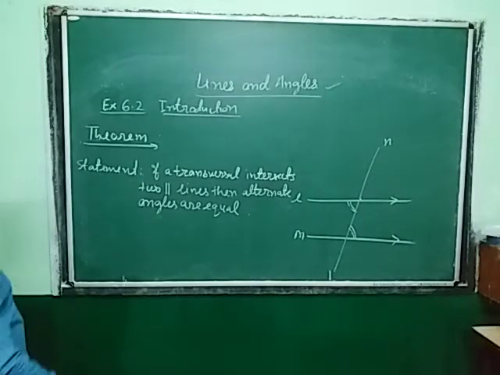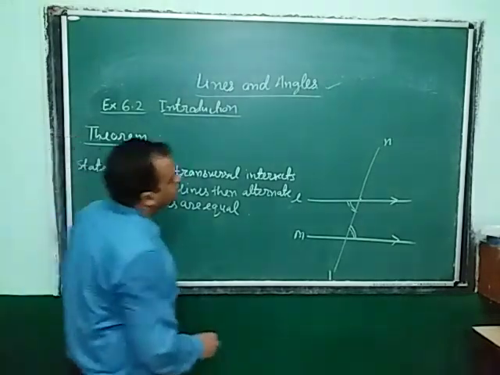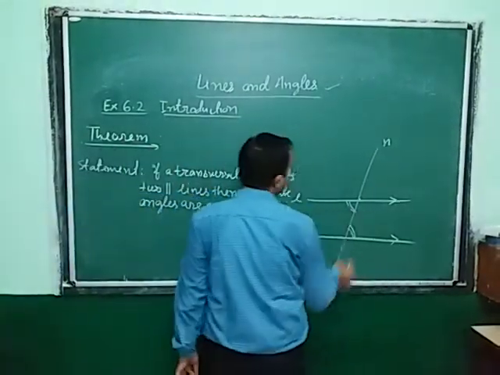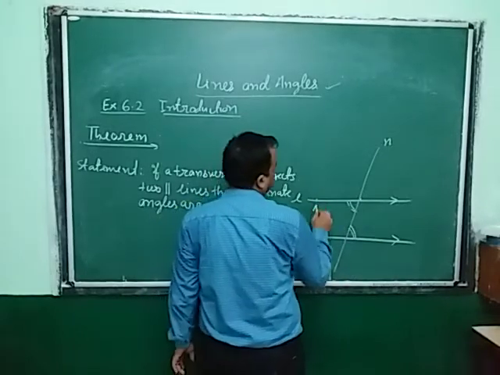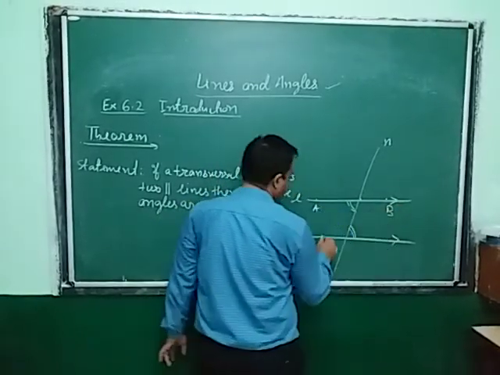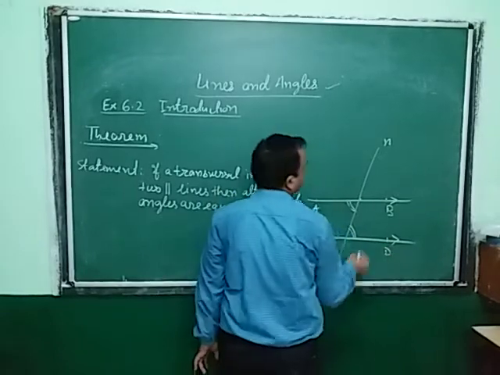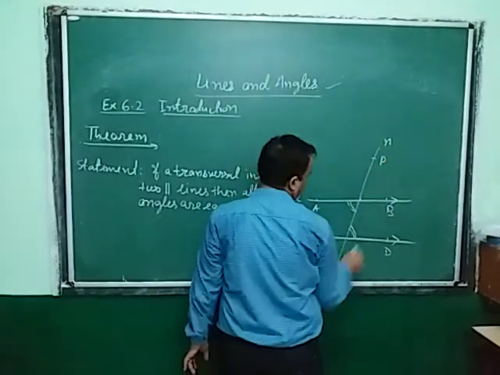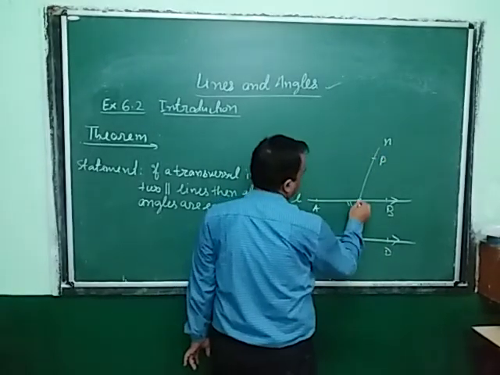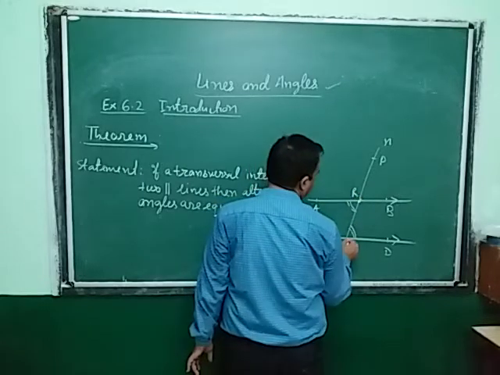Okay, this is the statement. So let us name the points to prove it. Say A, B, C and D, say P, Q, and the points are R and S.